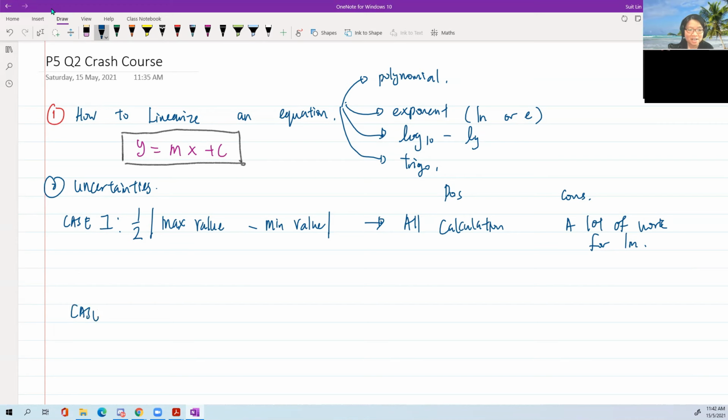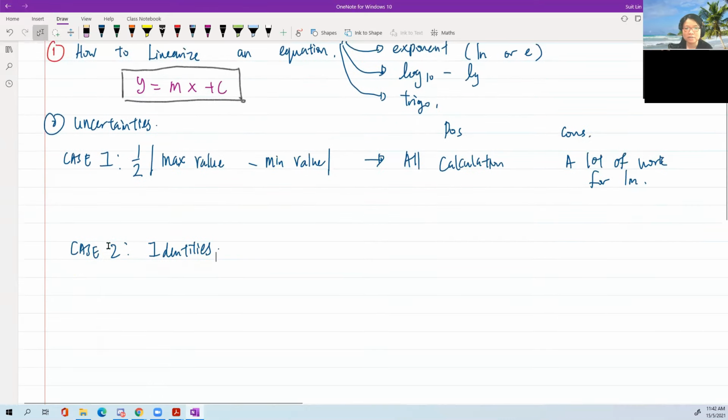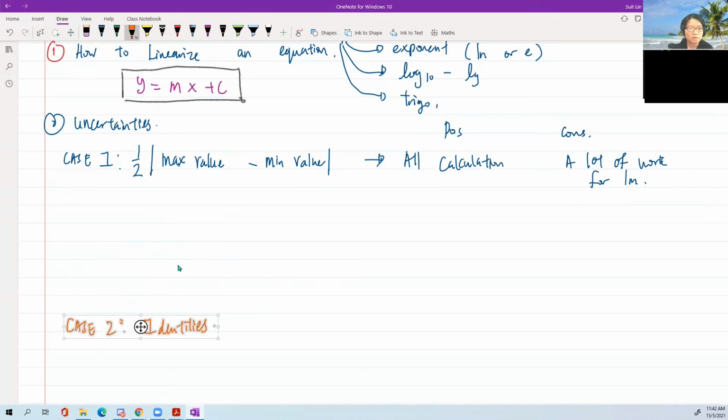Case 2, you can use identities. So there are 2 types of identities. Hang on, let me talk about case 1 a bit more first. There's a slight exception to case 1 that you have to use. For example, we always use this for looking for uncertainty in gradient.